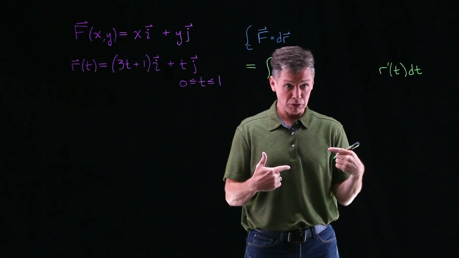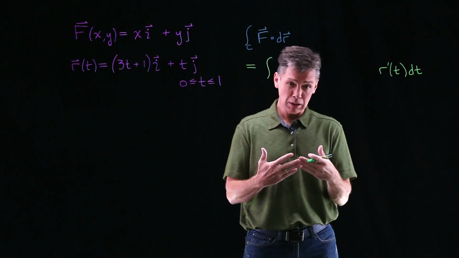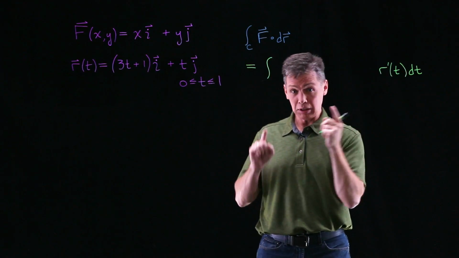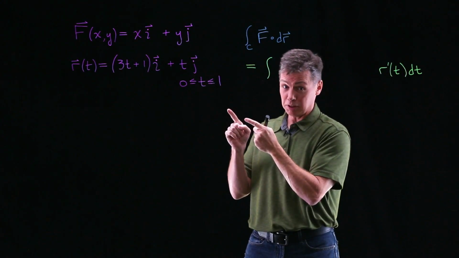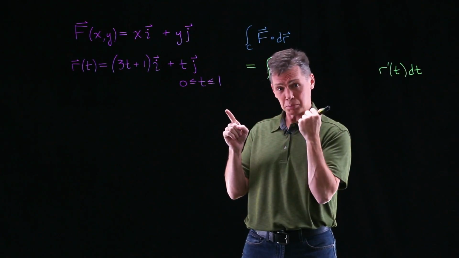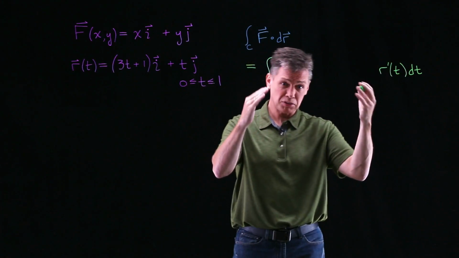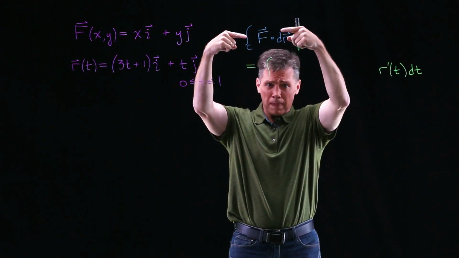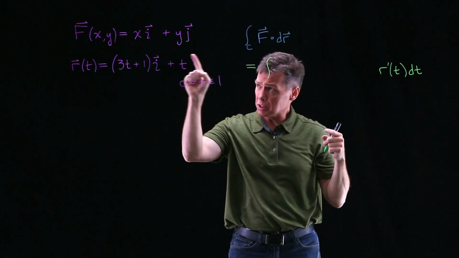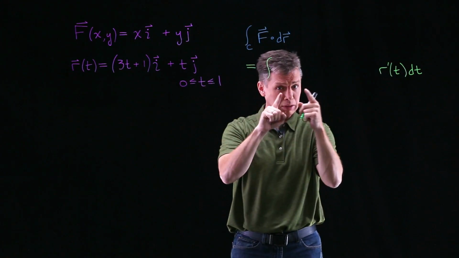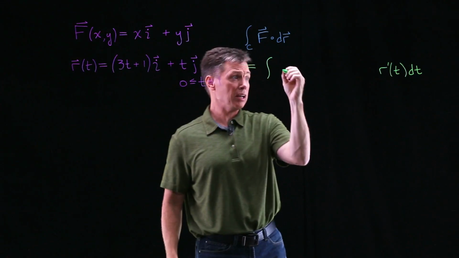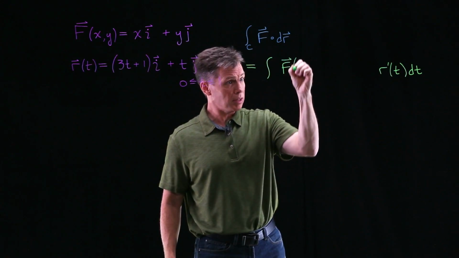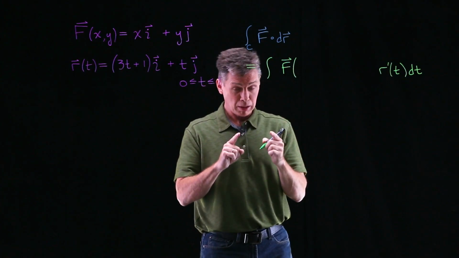What that's going to allow us to do is put everything in terms of t, the parameter. Here's an r prime of t, and they gave me an r of t, so we'll be able to figure out what r prime is and put it in here. To finish this equivalent version of the integral, I still have to address my f. The f function was originally in terms of x and y, so I only left a space here because you can't actually just write f anymore. It's going to be f of something that depends on t.